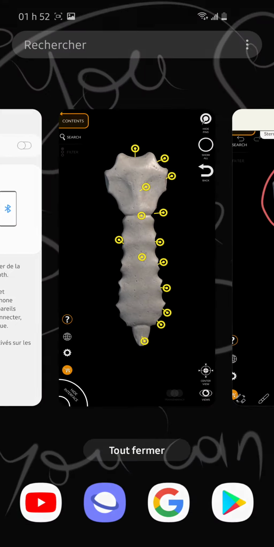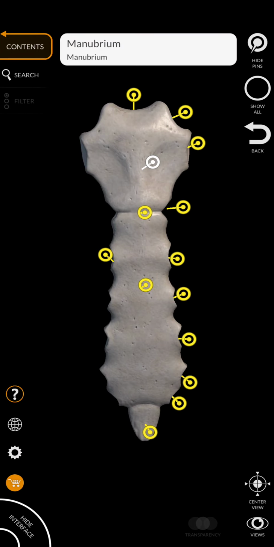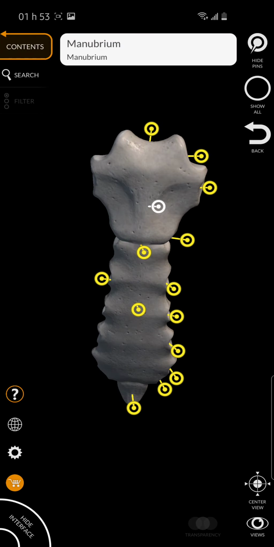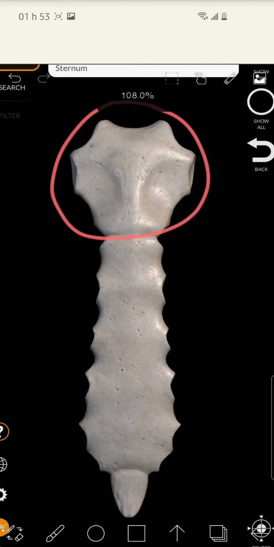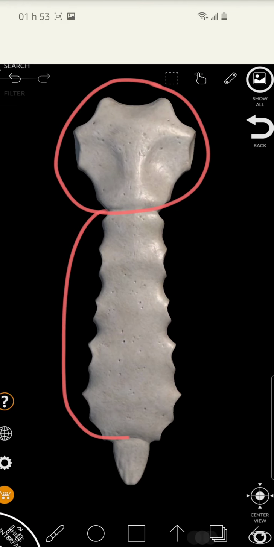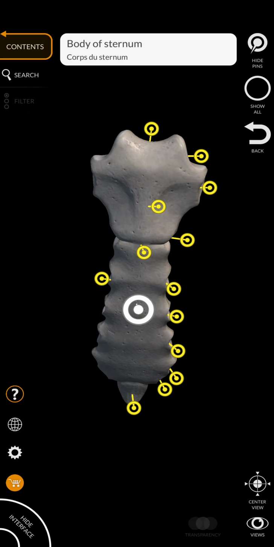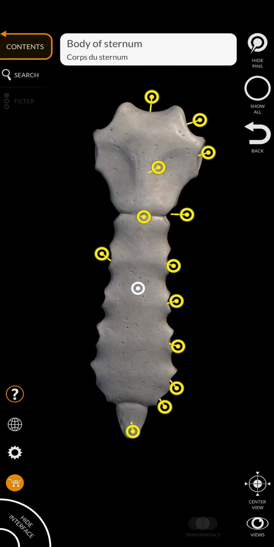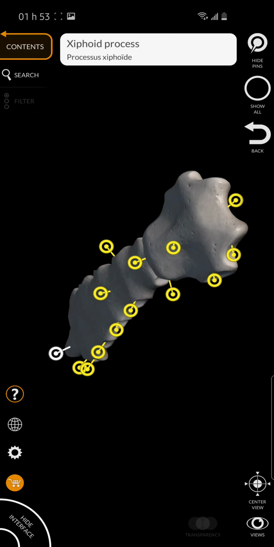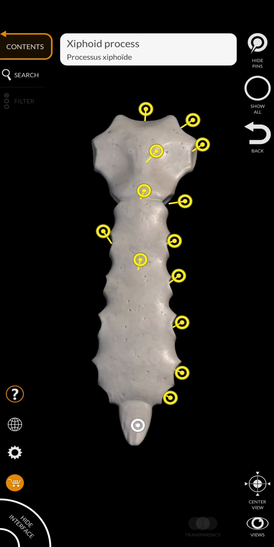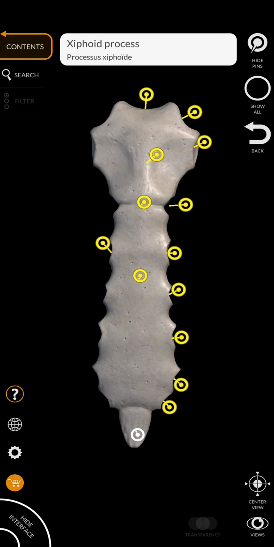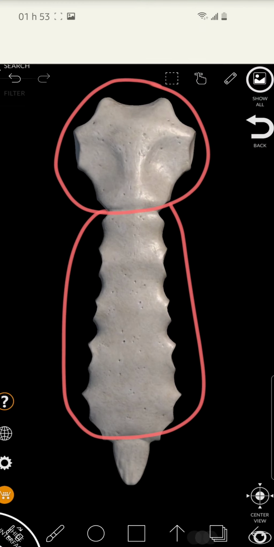Here it is, the manubrium, and then we have the body of the sternum. And then you have the xiphoid process, which is this really small part.